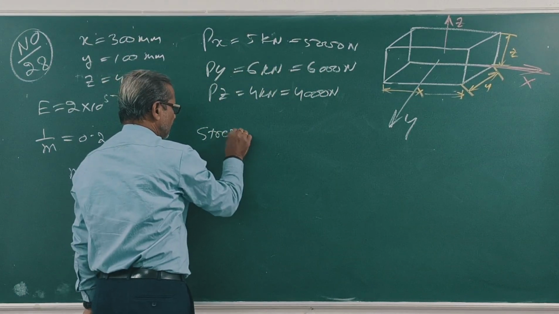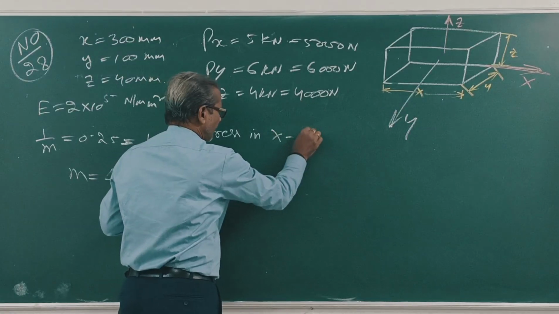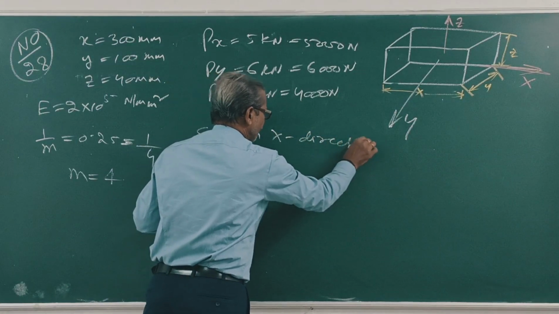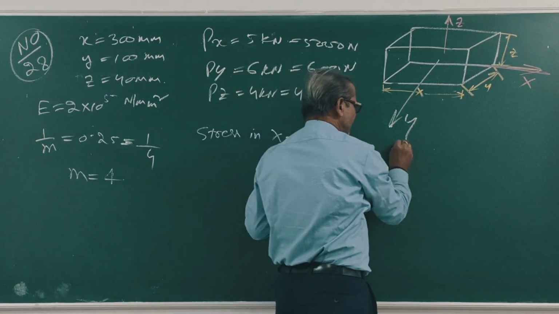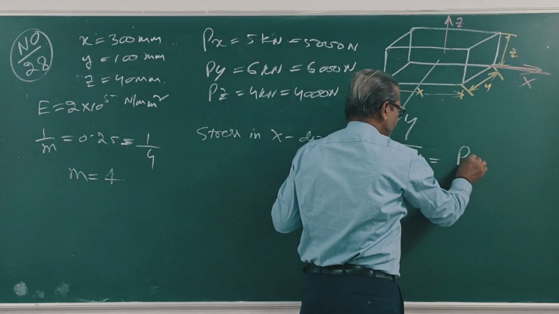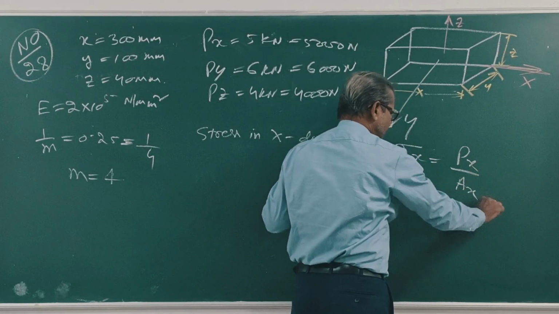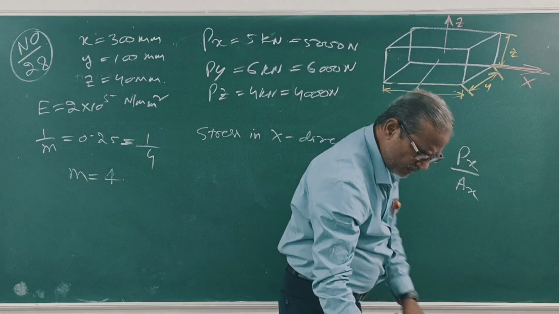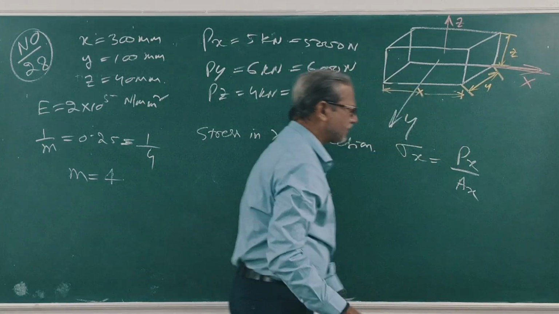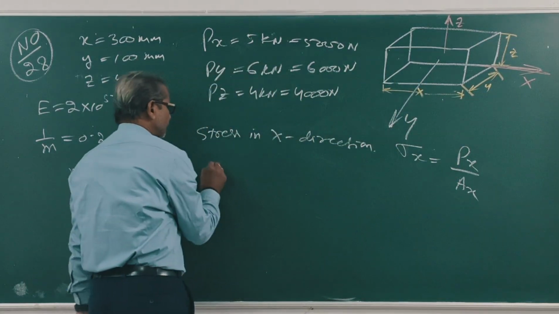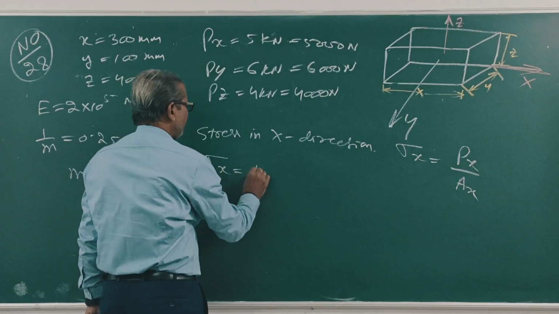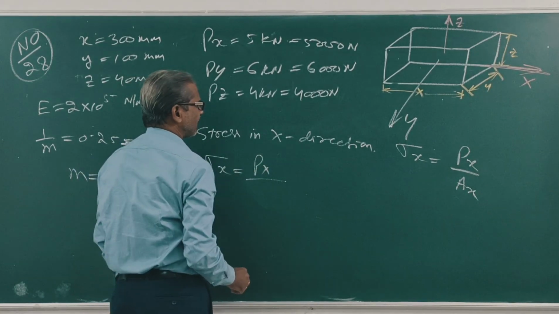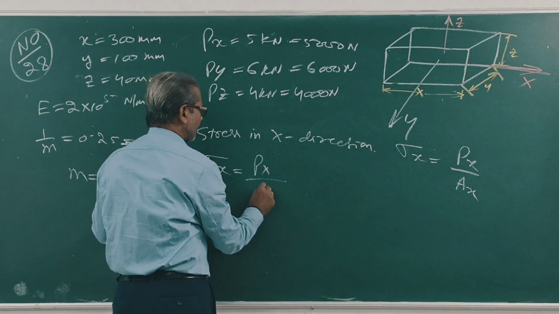Stress in x direction. Sigma x is equal to Px by area in x direction. Clear? Sigma x is equal to Px by area in the x direction, YZ.